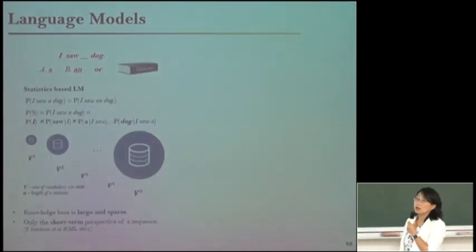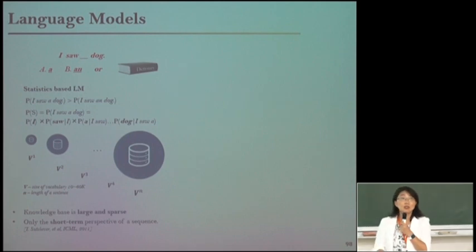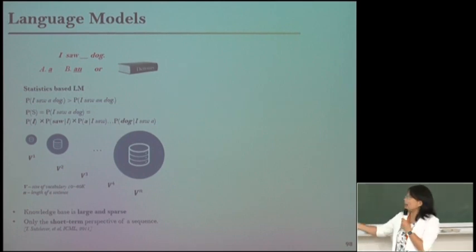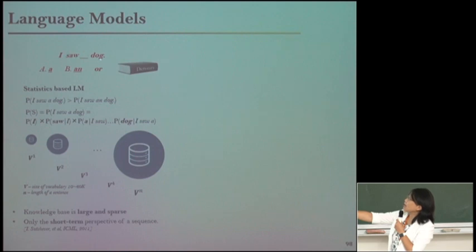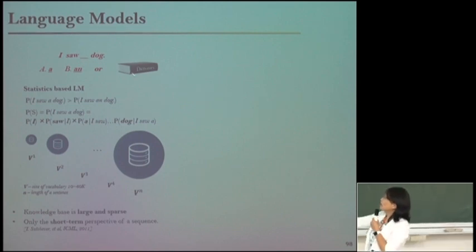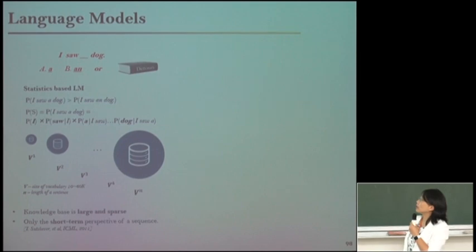So what is the language model? For example, if you're doing English text, right? You say, "I saw space dog," what to fill in over here, A versus N, right? Or some arbitrary words from the dictionary. So traditionally people use statistics-based language models.